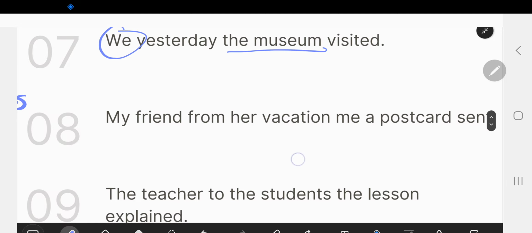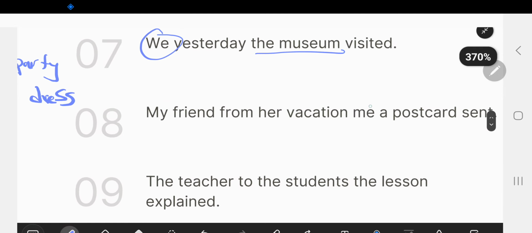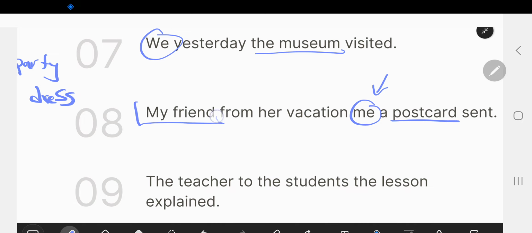And then my friend from a vacation, me a postcard sent. Remember, this is the object. Perhaps this is going to be the first object, and then the postcard should probably be the secondary object. So my friend is the subject, and me is the object pronoun form of I. And then a postcard is probably the secondary object.